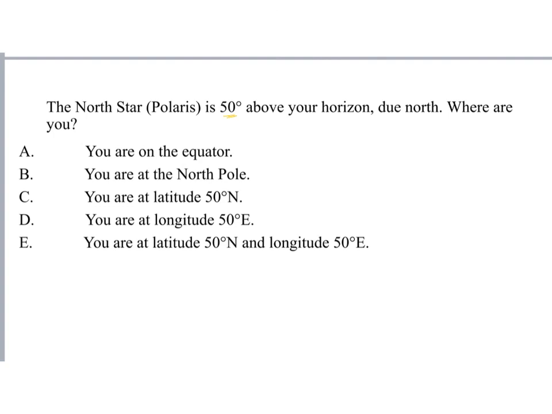Can you tell exactly where you are? Well, of course, you're not going to be on the equator, you're not going to be on the North Pole, and you don't have much information about your longitude. So these are not going to work as good answers. What you find is that you are at a latitude of 50 degrees north. Just that simple.